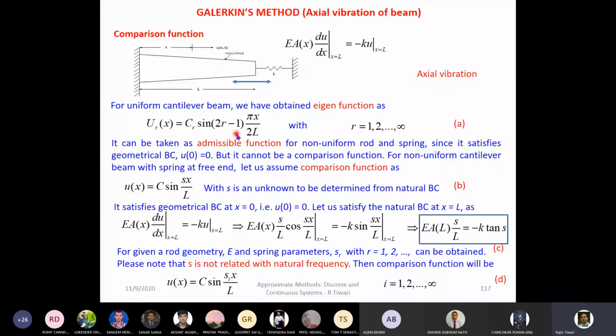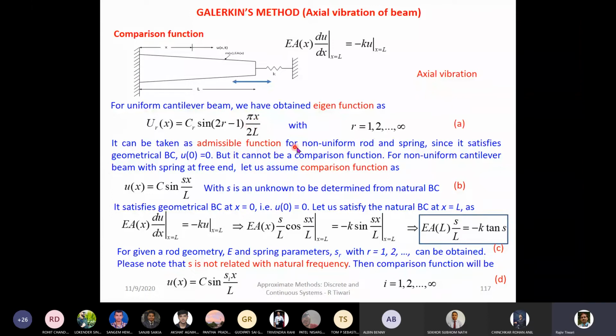Now, when we are talking about the admissible function, which is required in the assumed mode method, this itself can be taken for the non-uniform beam with spring, because it needs to satisfy only the geometrical boundary condition. So at x equal to 0, in any way this becomes 0.